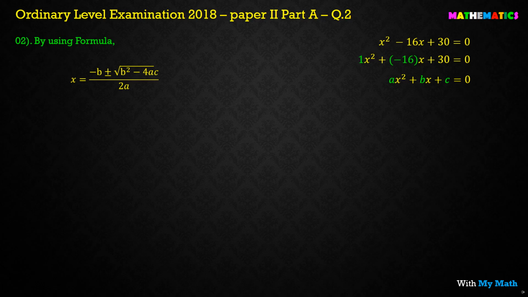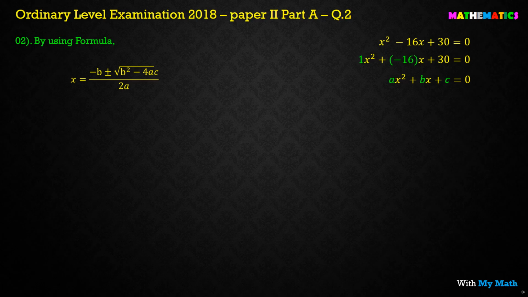So 1 is denoted by a, and minus 16 is denoted by b, and plus 30 is denoted by c. So you can see those letters represent these coefficients, and finally as the third term, that is the constant value.